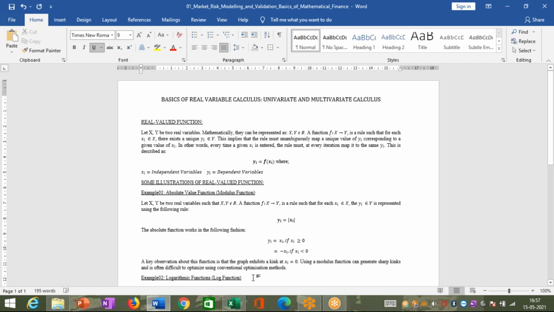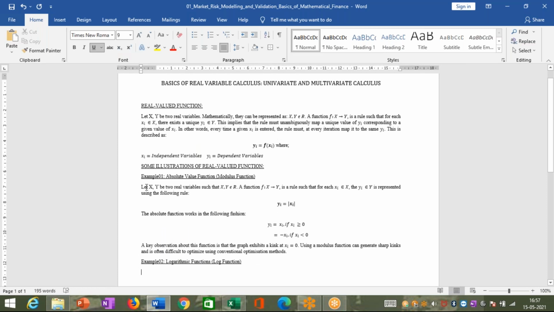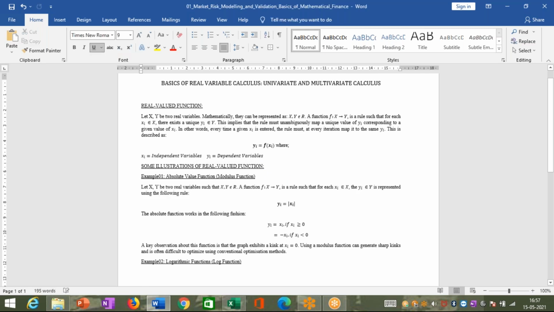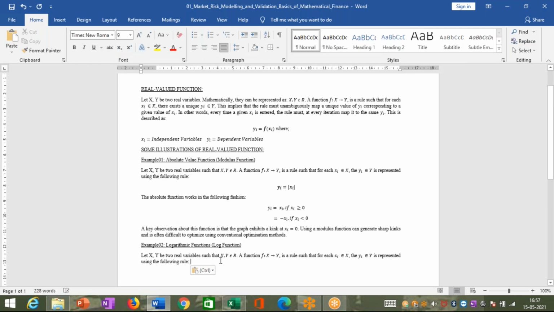Over here we say let x, y be two real variables such that x, y belong to R. A logarithmic function is represented by the following rule.